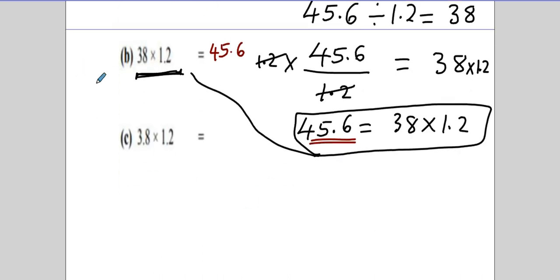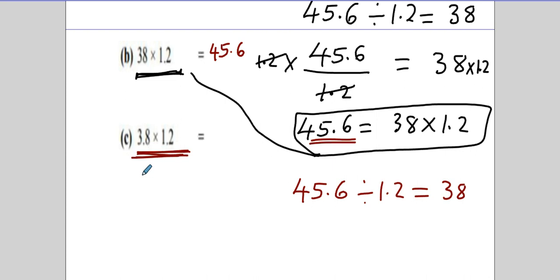We still have to use the same information to work out what is 3.8 times 1.2. So we go back to the information given. The information given is 45.6 divided by 1.2. The answer is 38. Now what is 3.8 times 1.2?